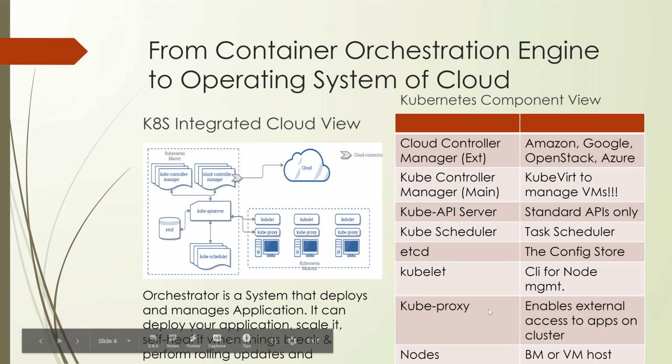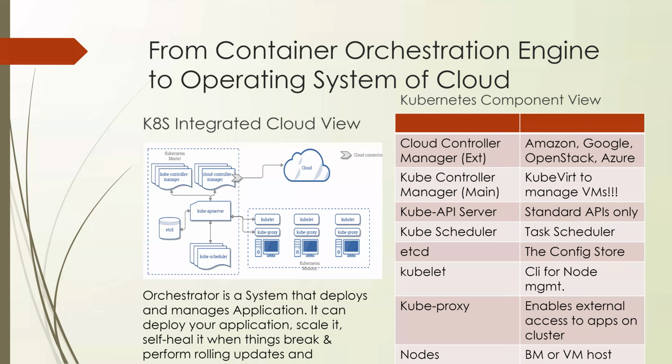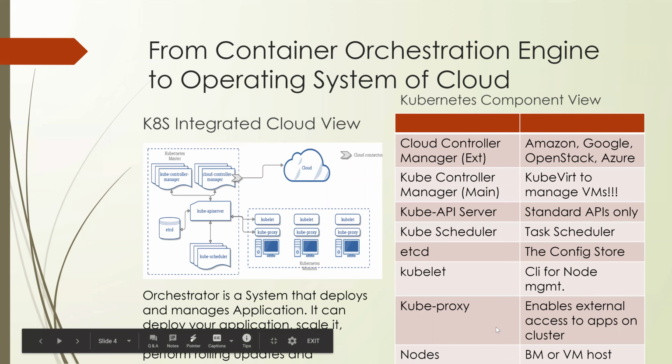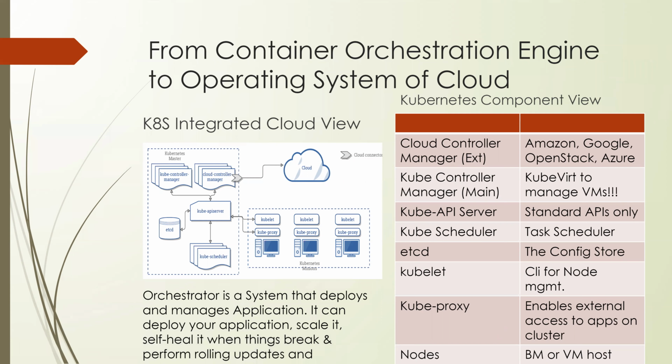Kubelet, which you see here, is a command line interface for node management on the node. Kube proxy is one thing which is important. What it does is, no, I think that's to be corrected.